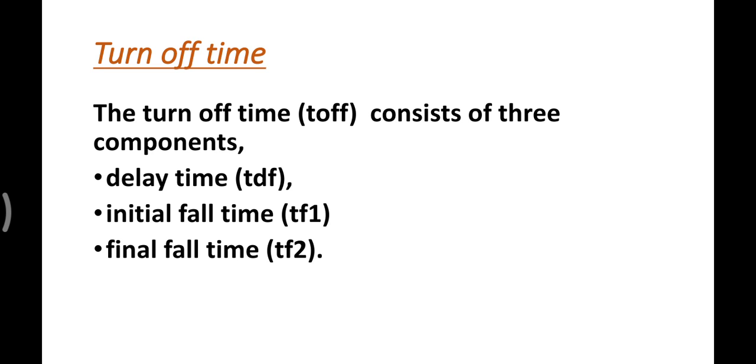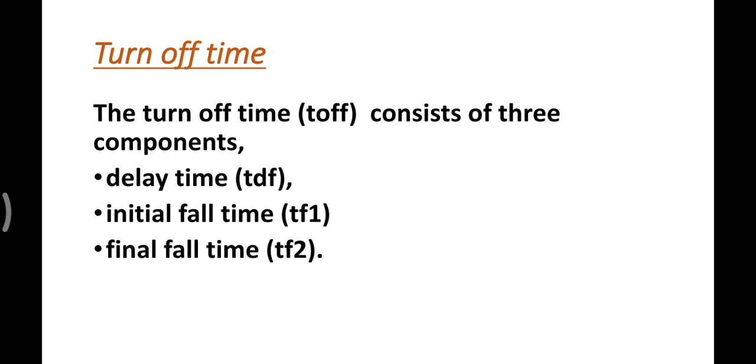Next, turn off time. The turn off time of the IGBT consists of three components. What are those? First one is delay time, second one is initial fall time, and third one is final fall time. So totally there are three components present during the turn off process.